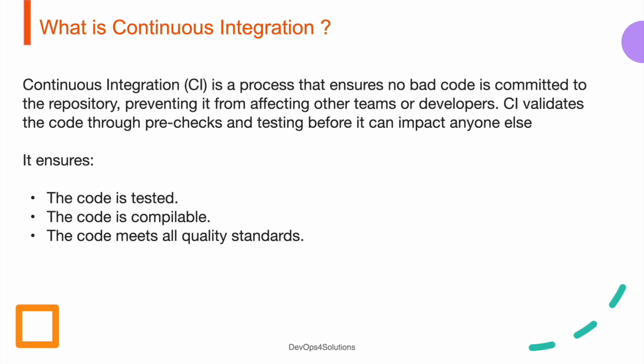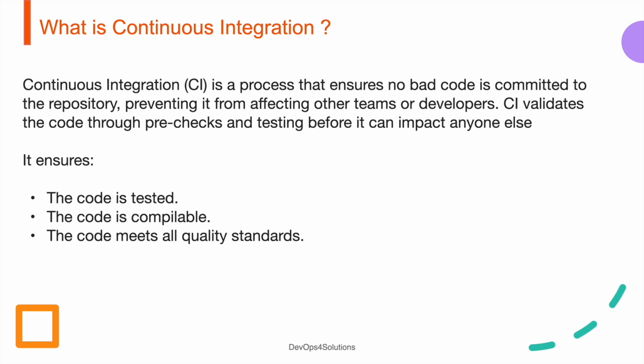What it does is ensure your code is tested, like unit testing and integration testing. Code is compilable. Whatever code I am putting in, it is in compilable mode. What does compilable mean? You put in some code, irrespective of the language, and it builds it, like it creates a package, so it is able to do that.